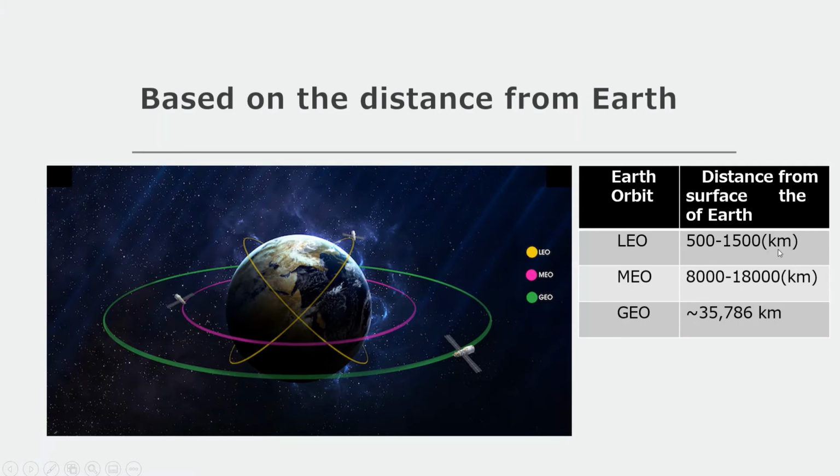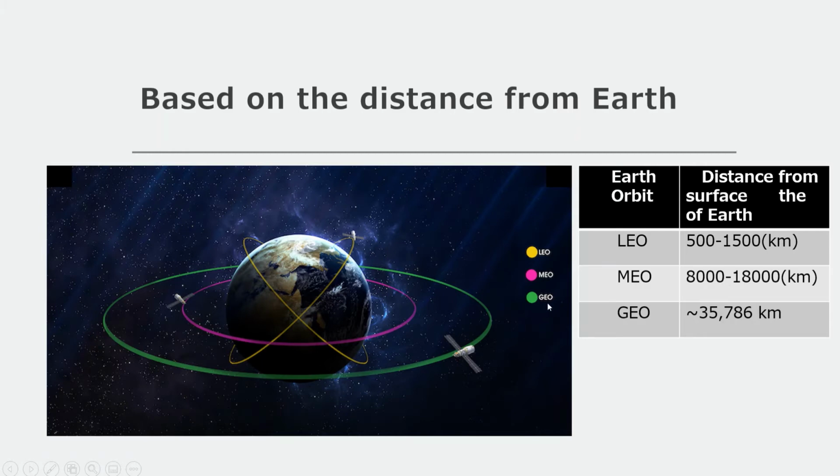And coming to the purple path, which is taken by the MEO satellites, that is medium Earth orbit, which revolves around 8000 to 18,000 kilometers from the surface of the Earth. And coming to the green orbit around the Earth, which is a GEO satellite.